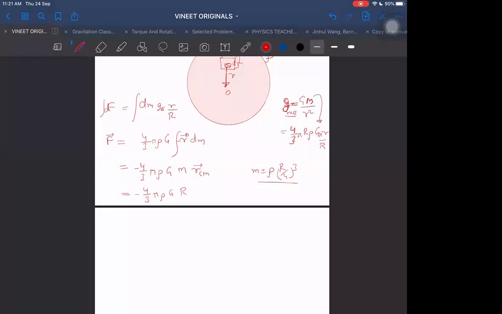R raised to power 4 by 128. 3 will not be there. 4 by 3 also cancels. Okay. Then what coefficient will appear in the beginning? 1 by 128.